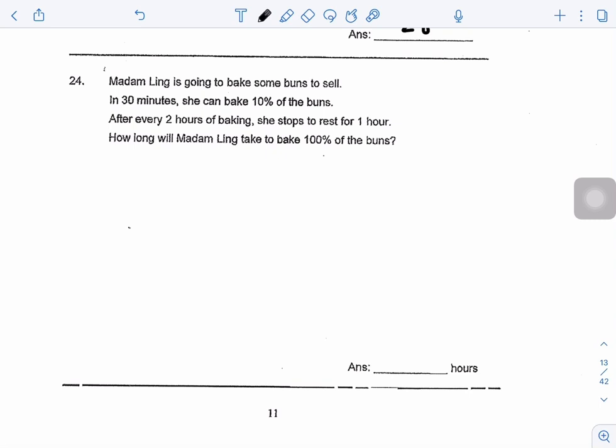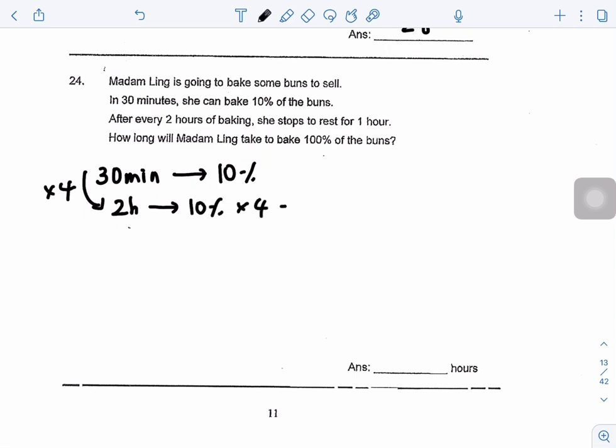Okay, in 30 minutes, she can bake 10%, which means that in 2 hours, there are 4 half an hours. She can bake 10% times 4. She can bake 40% of the buns in 2 hours.